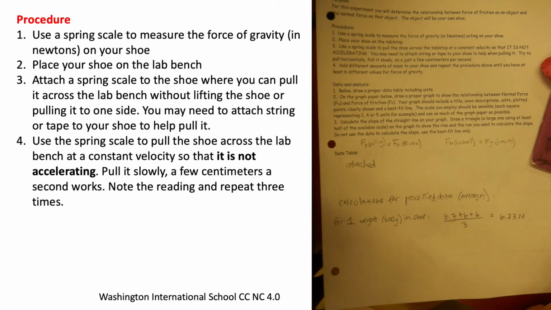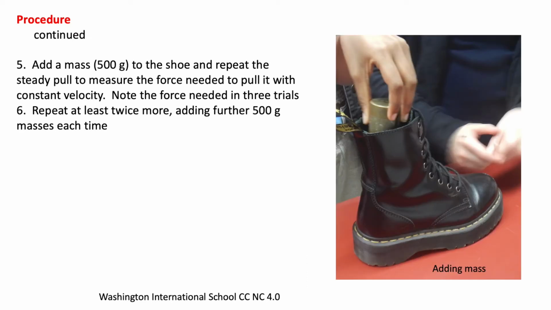So you can pause here and read closely about the procedure that you will apply. And so that's how you get your first readings. And then to continue, again pause, you're going to add masses, 500 grams at a time between readings.